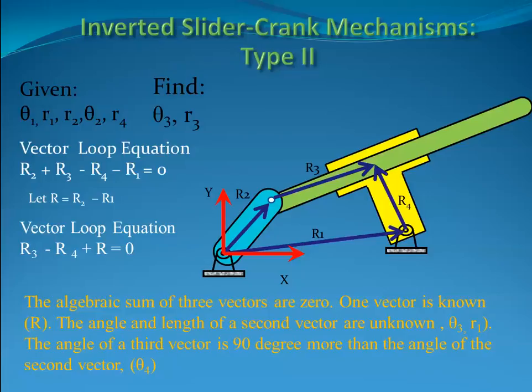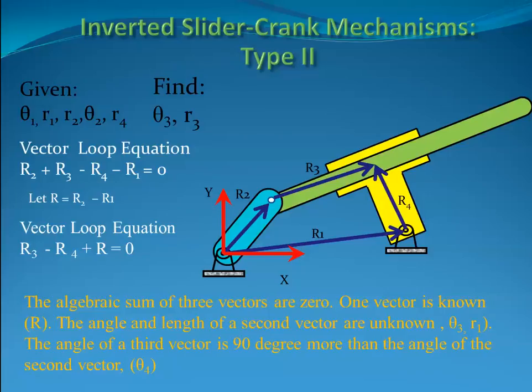The angle of vector R3 is also unknown, and the angle of vector R4 is also unknown. However, there is a relationship between the angle of vector R3 and R4. That relationship is that R3 and R4 remain perpendicular at all times, and by all times I mean as the mechanism moves.